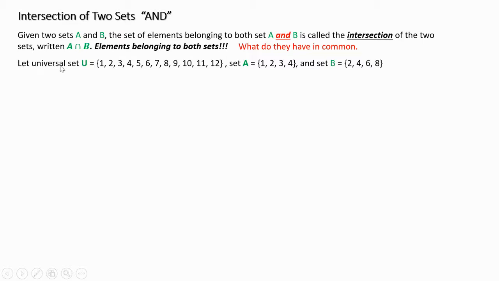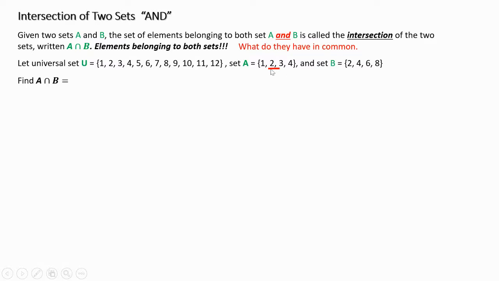For example, the universal set U is 1 through 12, and set A is 1, 2, 3, 4, and set B is 2, 4, 6, 8. This symbol here, guys, is important. It means AND or intersection, or elements belonging to both sets, or like I say to students, what do they have in common?